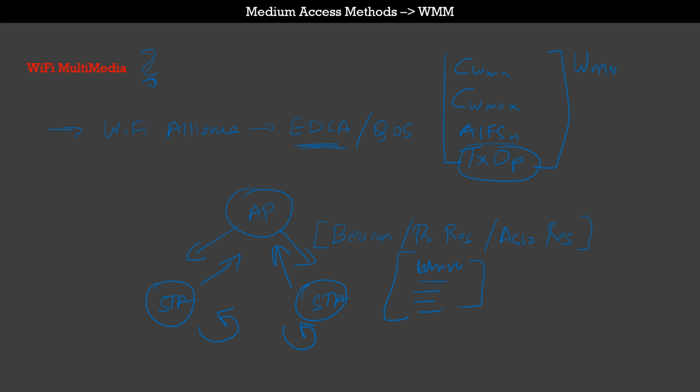The TXOP stands for transmit opportunity, and it defines the maximum amount of time a station can use to transmit a burst of frames. For instance, if it is a frame belonging to the background access category, the TXOP is 0, which means it can only transmit one frame once the station gets access to the medium.